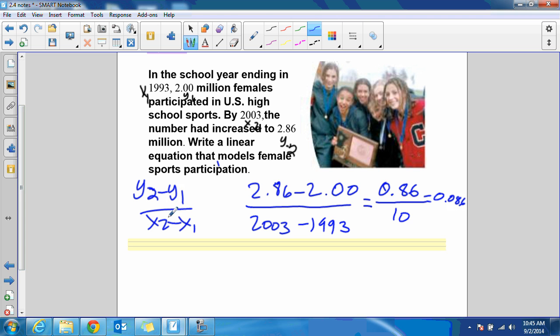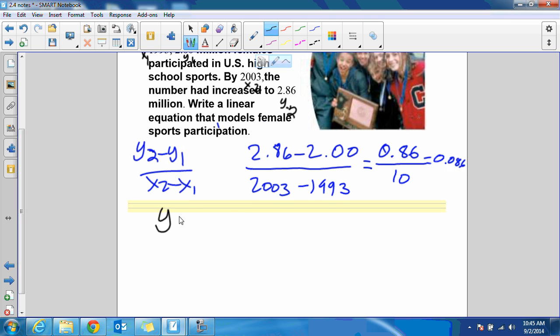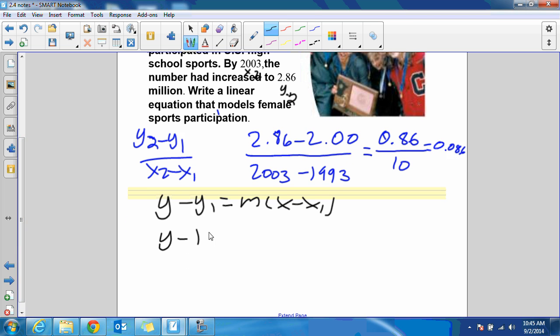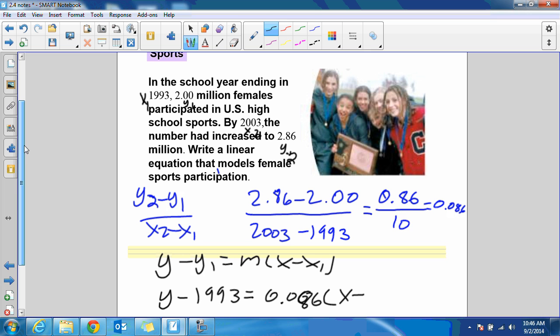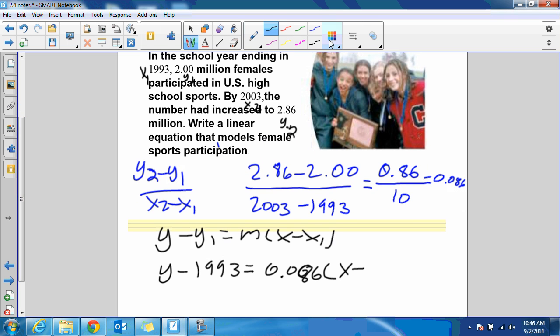So then we could pick x1, y1 as our point to plug into slope or point slope form. We're going to plug it into this form, y minus y1 equals m in parentheses x minus x1. So we'd have y minus our y1, which is what? No, sorry, check that. That's our x1, 1993, because the time is always x.